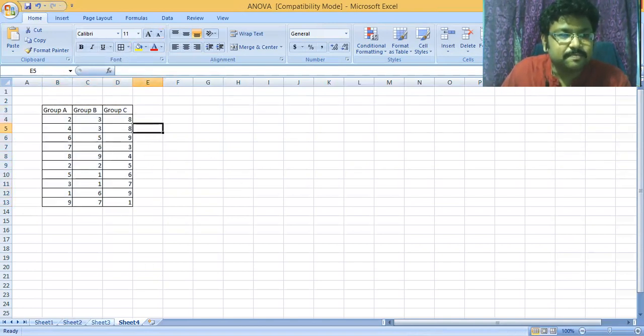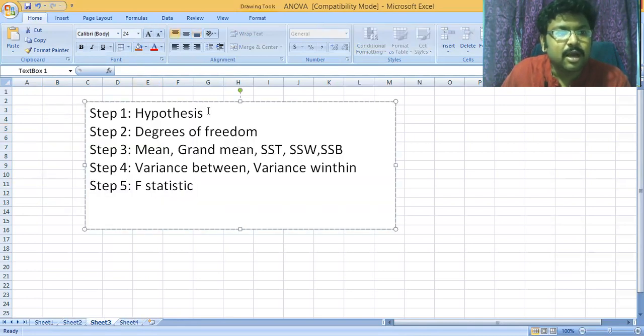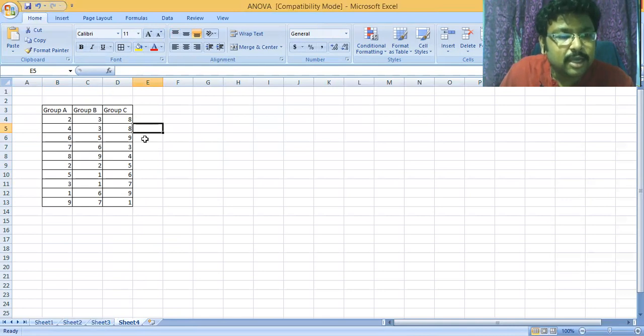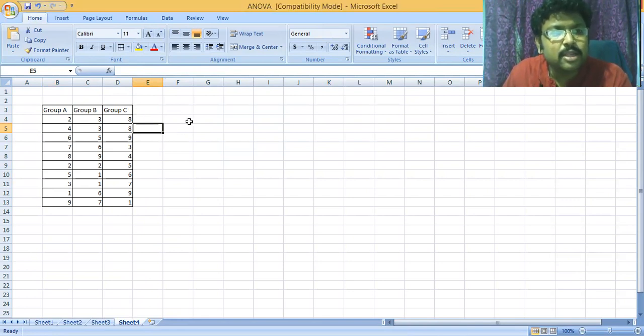What is the first step? Hypothesis. So the hypothesis here is that the mean of this group is mu1, the mean of this group is mu2, and the mean of this group is mu3. The null hypothesis is mu1 equal to mu2 equal to mu3.